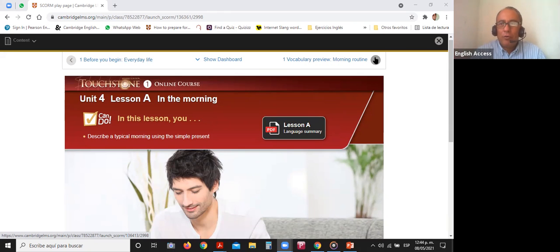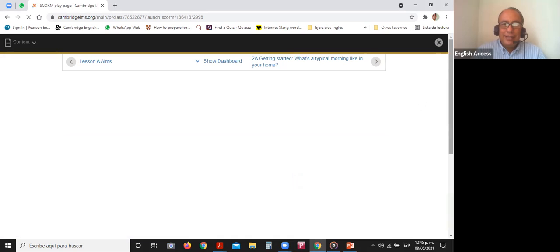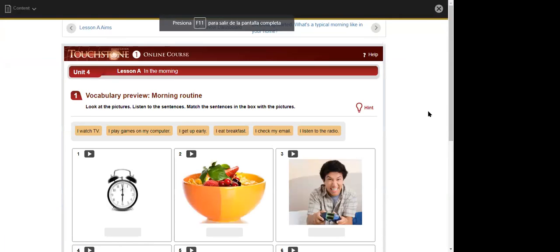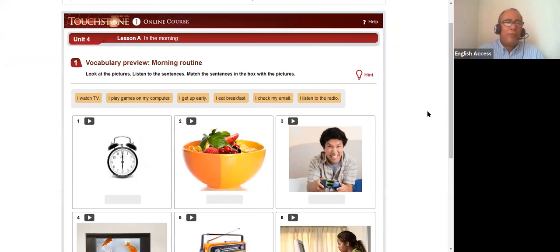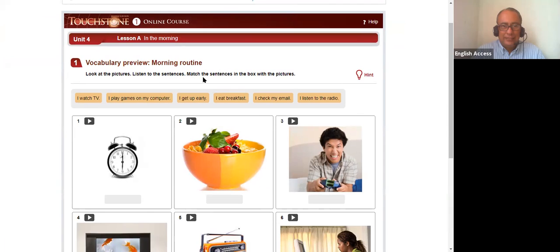I'm going to click on forward. Fátima, here, Pacheco, you click to go forward or to go back over here. Aquí para regresar y aquí para adelantar. Vamos adelantito. What about this lesson, right? We are in lesson A. And here, vocabulary preview, morning routines. Look at the pictures and listen to the sentences.